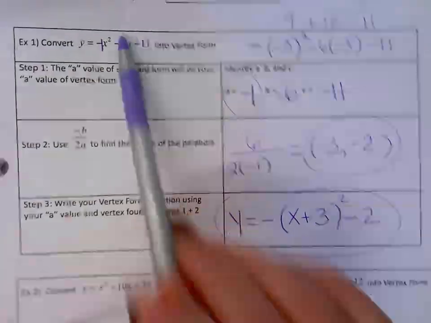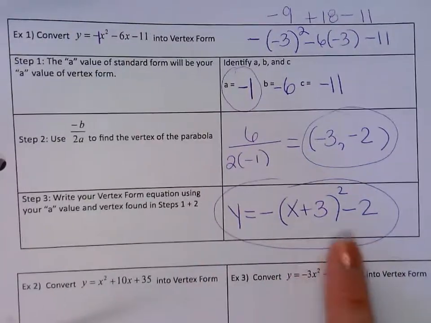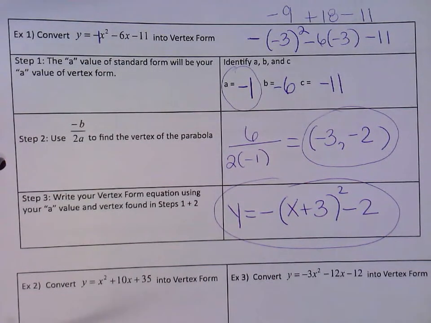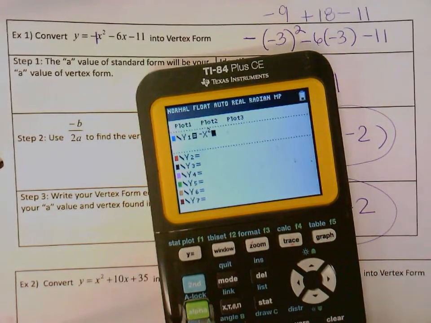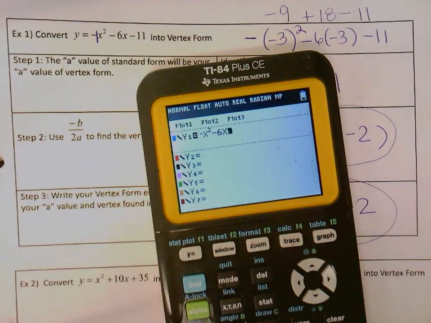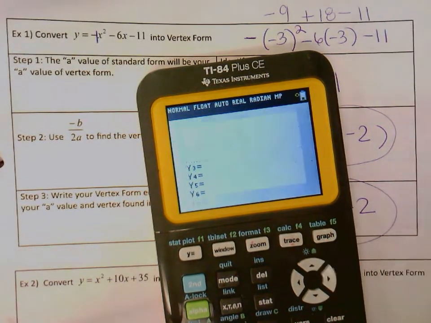And if you notice, the number -11 does not show up in vertex form, right? That's the y-intercept. So you could just show -x squared minus 6x minus 11 is the same as -(x plus 3) squared minus 2. I hope they graph right on top of each other.